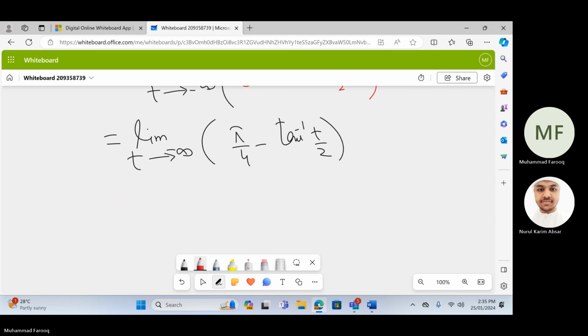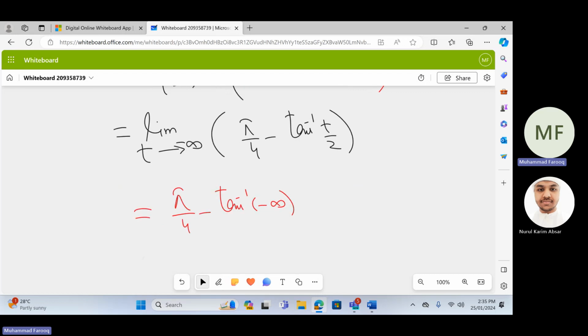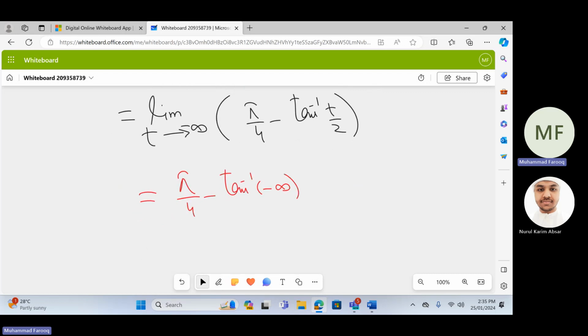So 5/4, no change. This limit does not affect 5/4 because there is no t here. So 5/4 is as it is, minus tan inverse. This t will be replaced by negative infinity. Negative infinity by 2 is negative infinity.